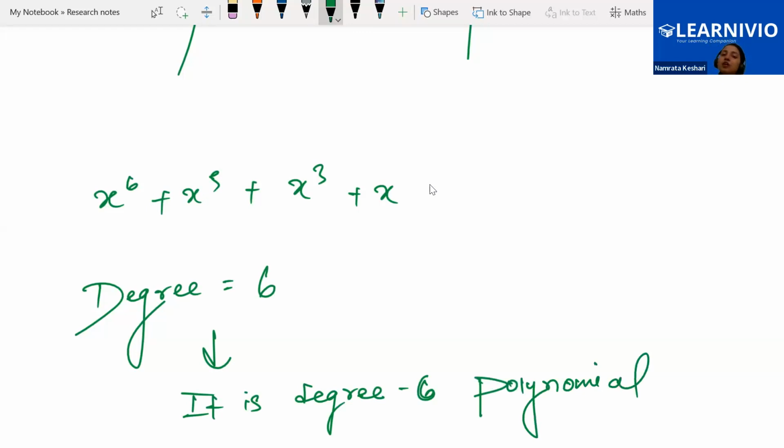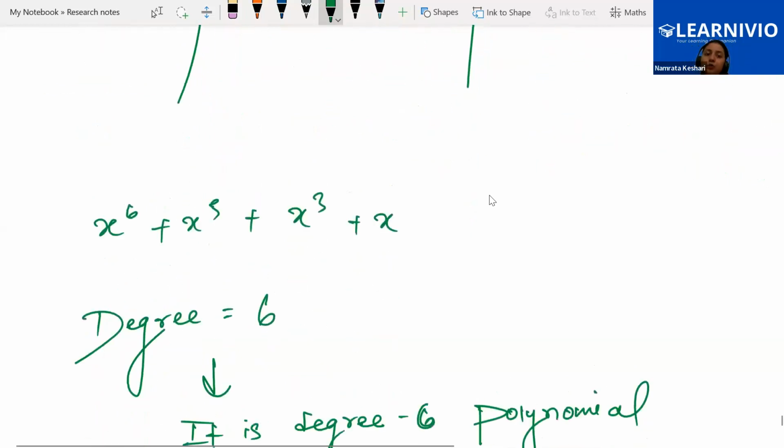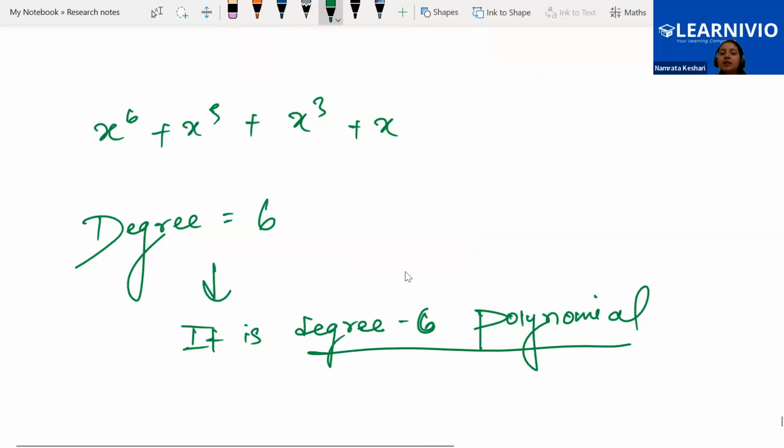Till degree 4 we will be learning the names, and after that, degree 5, degree 6, degree 7, we will just call it like this: degree 5 polynomial, degree 6 polynomial, degree 7 polynomial. When you call it like this, everybody will understand.